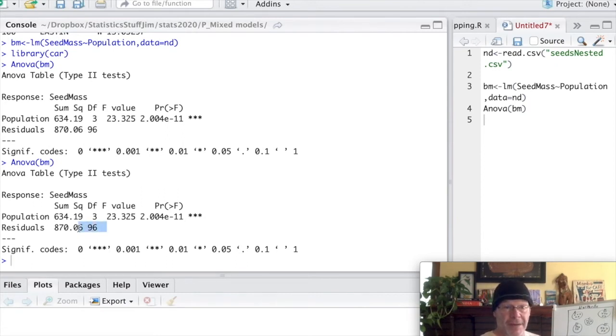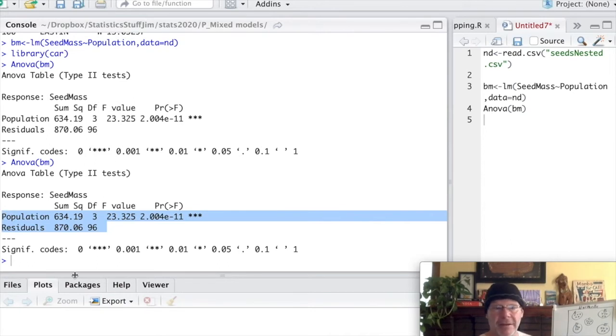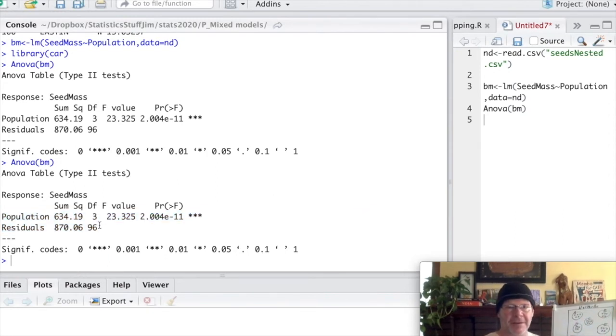But notice the output here: because we didn't tell it to pay close attention to the structure, we have 96 degrees of freedom in the error term, which is clearly wrong, because the most we could possibly have would be 20, and that would be if we didn't even calculate the mean overall. There's only 20 independent pieces of information, yet our model is saying that there's 100 pieces of information, which isn't right.